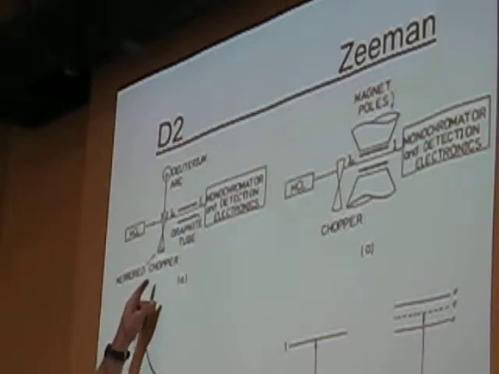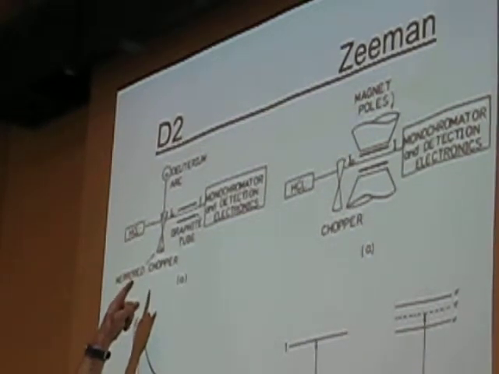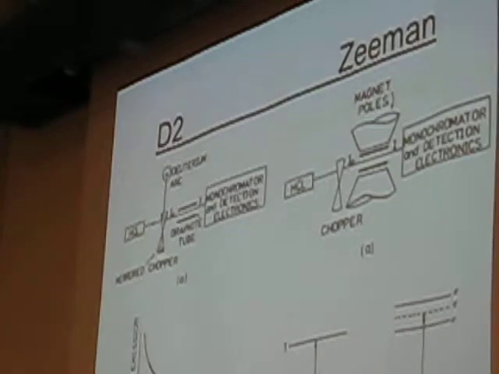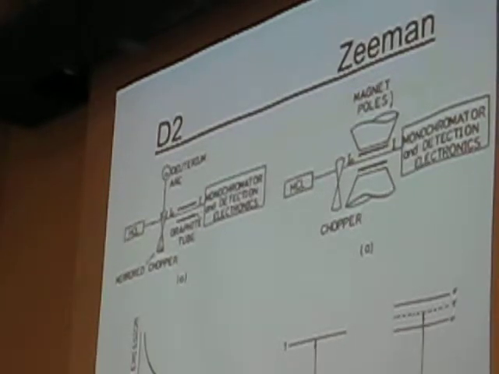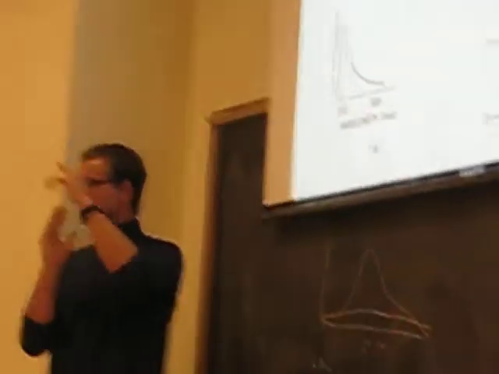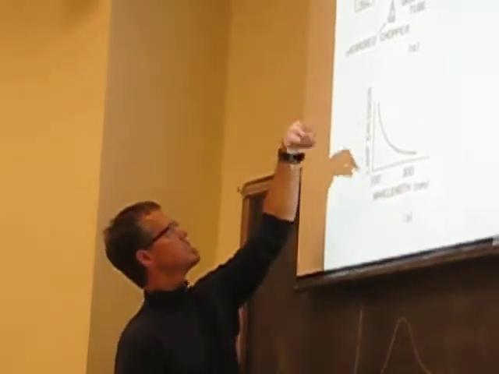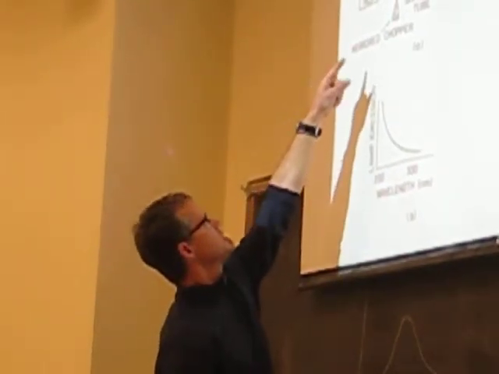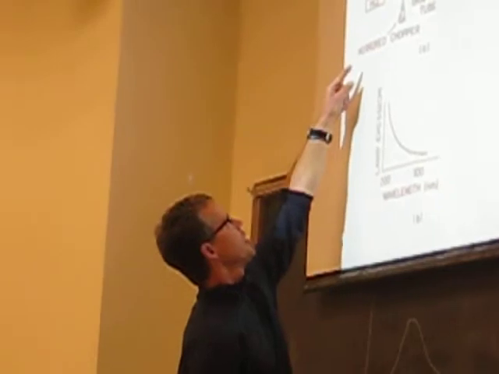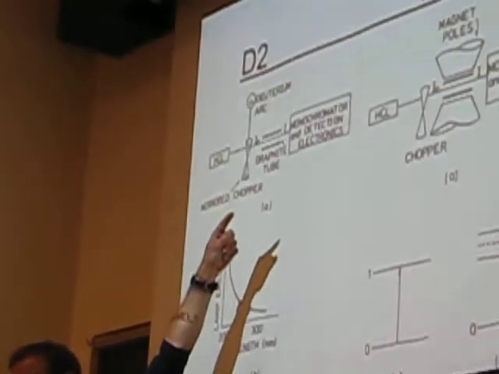And they'll incorporate, in this cartoon, a mirrored chopper. What that essentially is, is like a fan. It has a polished mirrored surface that rotates at a certain speed. And when it rotates, it either is letting just the hollow cathode lamp go through, right?